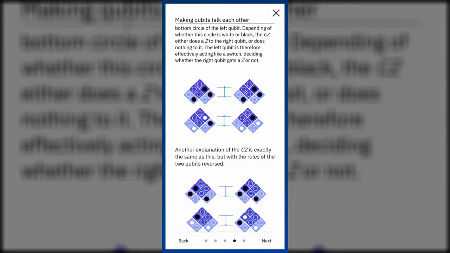So it might mean that they disagree. And when both are black, it means they agree.